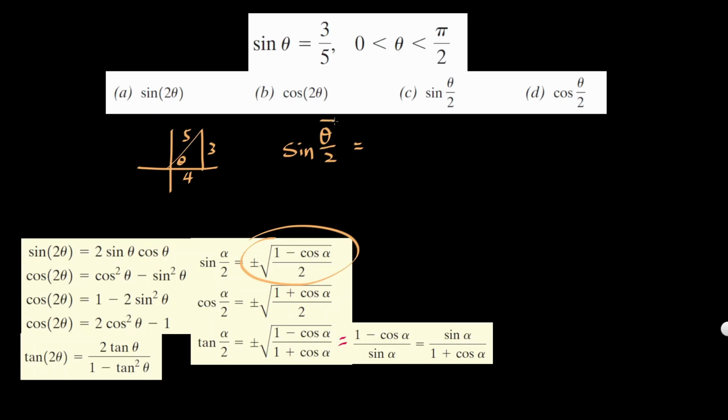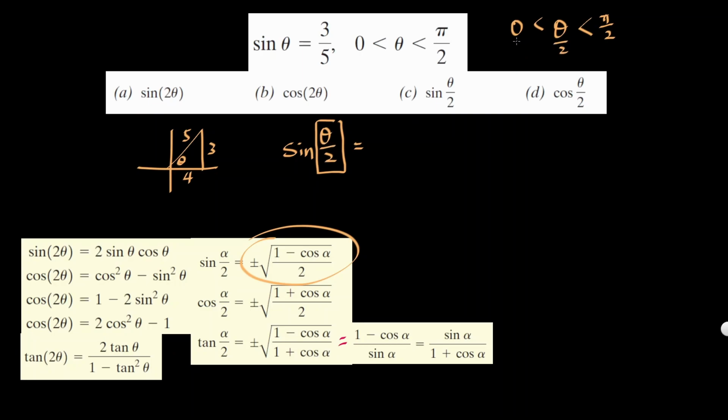That sign is determined by the angle that we're taking the sine of, which is theta over 2. The domain for theta is between 0 and pi over 2, but we have to focus on what theta over 2 is.